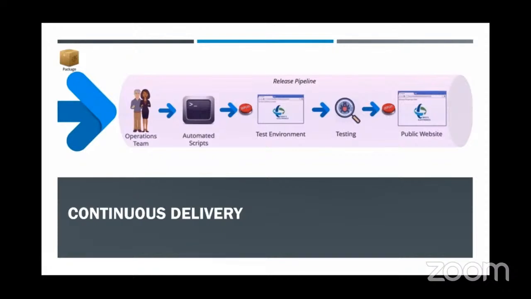The script automatically deploys it onto the test environment based on the configuration provided by the developers. Once it is in the test environment, the QA is notified and they can test it. And this is the only manual part, where the testers have to go in and test it.